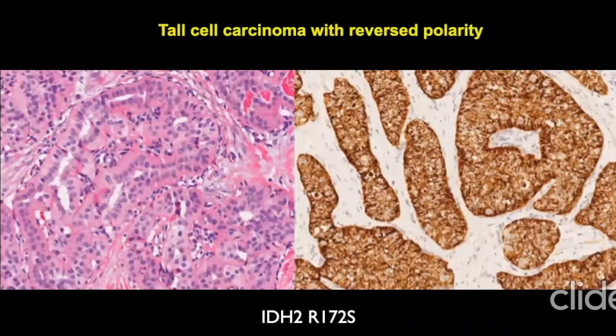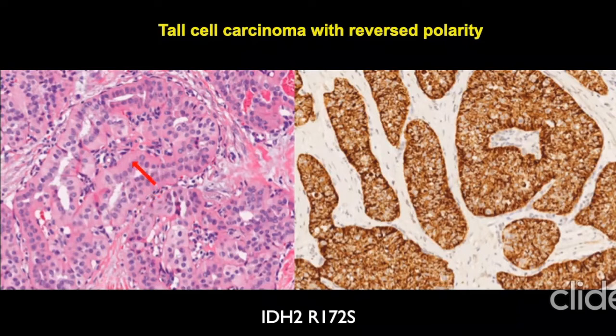There is another new entity in the WHO which is called tall cell carcinoma with reverse polarity. You all remember the tall cell papillary carcinoma. When you see tall cell papillary carcinoma in the breast, it is known as tall cell carcinoma with reverse polarity, because this is the basement membrane and you can see the myoepithelial cells in the periphery, but the nuclei are staying away from the basement membrane.